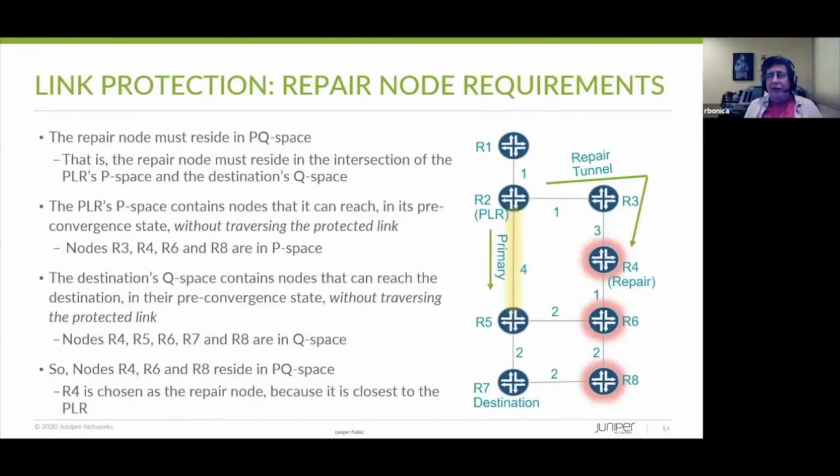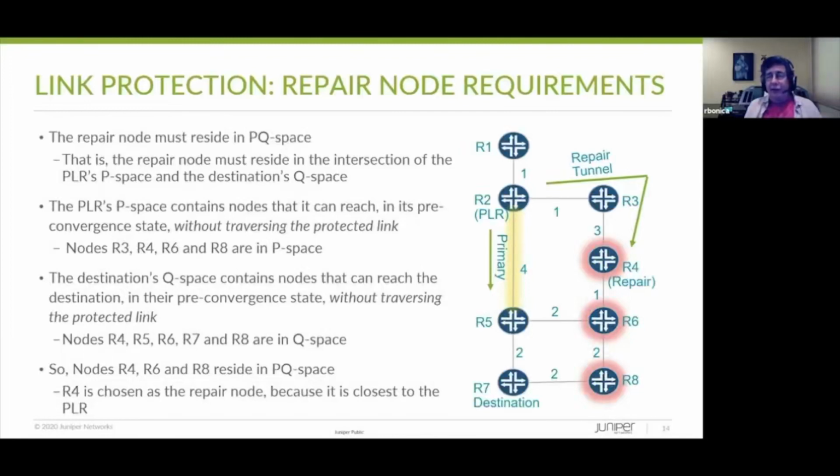The destination's Q space contains the nodes that can reach the destination in their preconvergent state without traversing the protected link. And in that space, we have R5, R4, R5, R6, R7, and R8. You'll see that R3 isn't in that space. If the destination wanted to reach R3, it would go through the protected link.